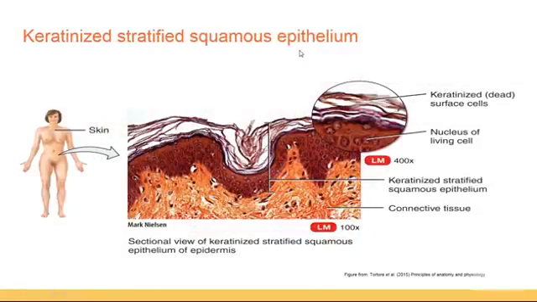Keratinized stratified squamous epithelium is found on the skin that's covering our body, and it forms part of that protective feature. You can see that these layers of cells on the surface are dead and they've dried out, but again we've got multiple layers of flat cells, and this is related to the function of the skin in that there's going to be a lot of abrasion that occurs in our day-to-day activities.